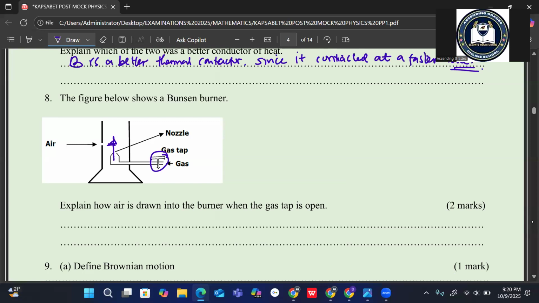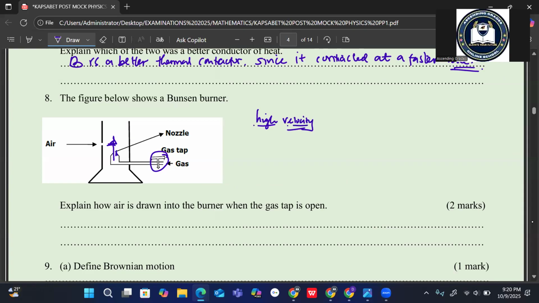From the jet or the nozzle, the gas will be moving at high velocity.